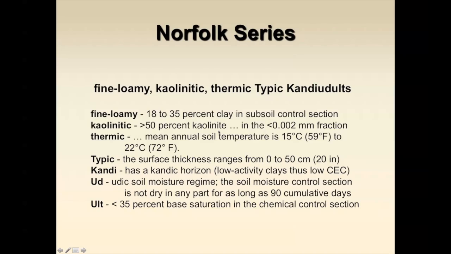That is a specific mineral that we talked about, that low activity clay. And then finally, it is a fine loamy soil. That means about 18 to 35% of clay in that subsoil control section.